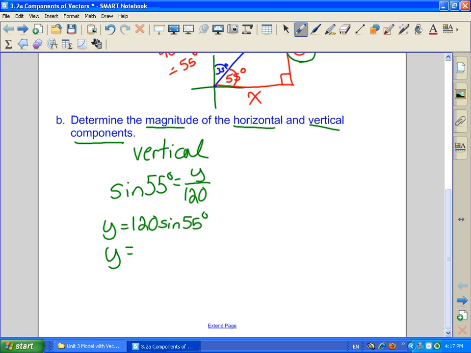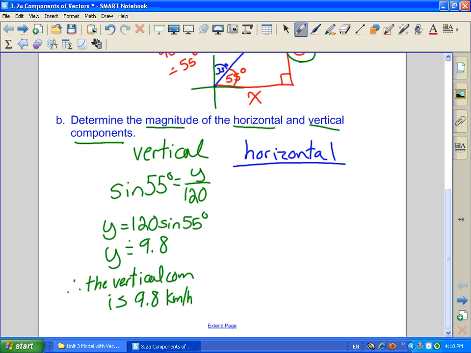So y equals 9.8 rounded. Therefore the vertical component is 9.8 kilometers per hour.